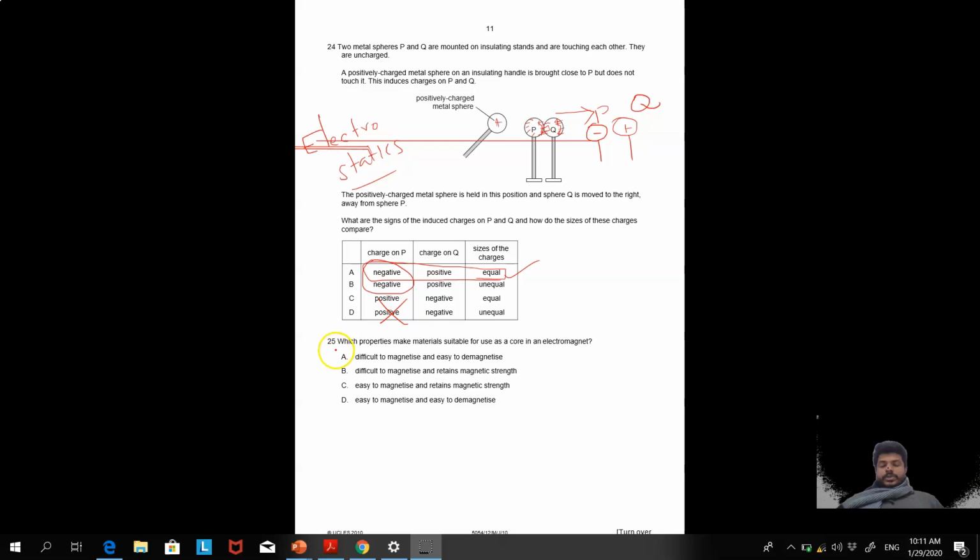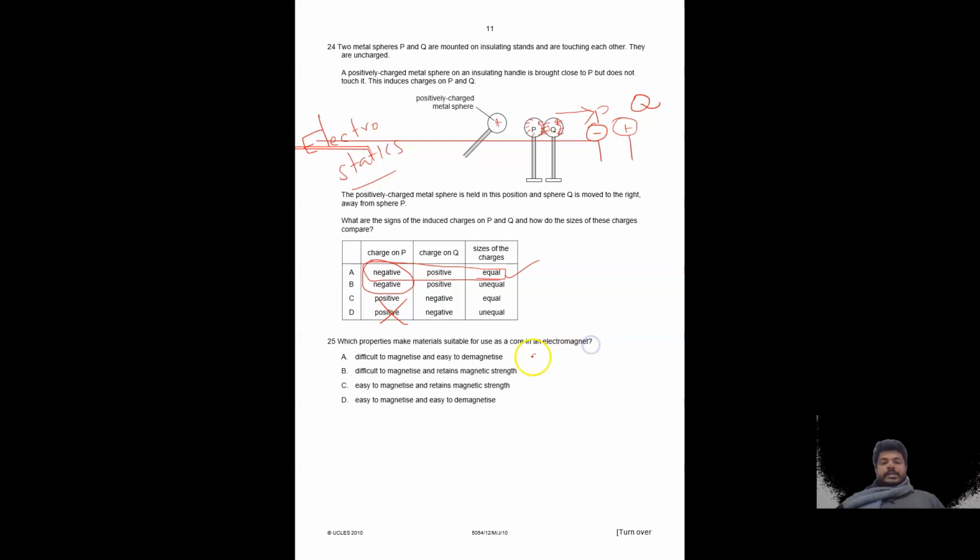Question number 25. Which properties make a material suitable for use as a core in an electromagnet? Electromagnet is a magnetism topic. Difficult to magnetize and easy to demagnetize. Always just memorize, the core is iron.